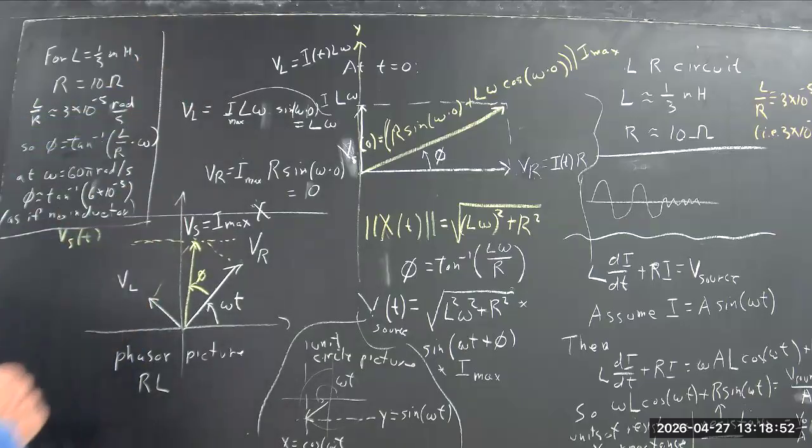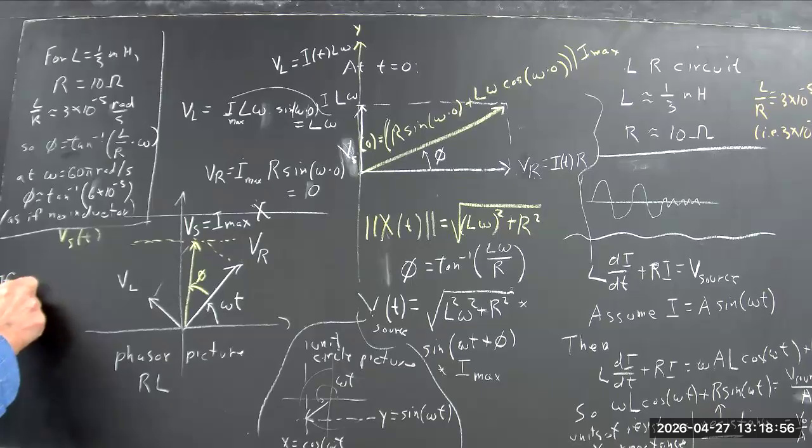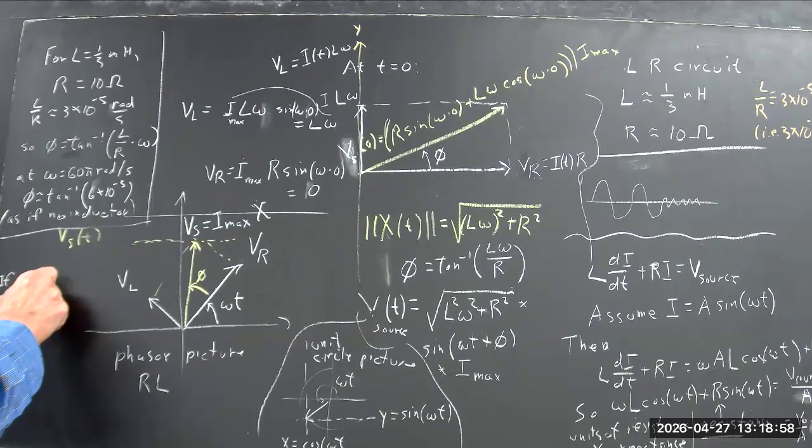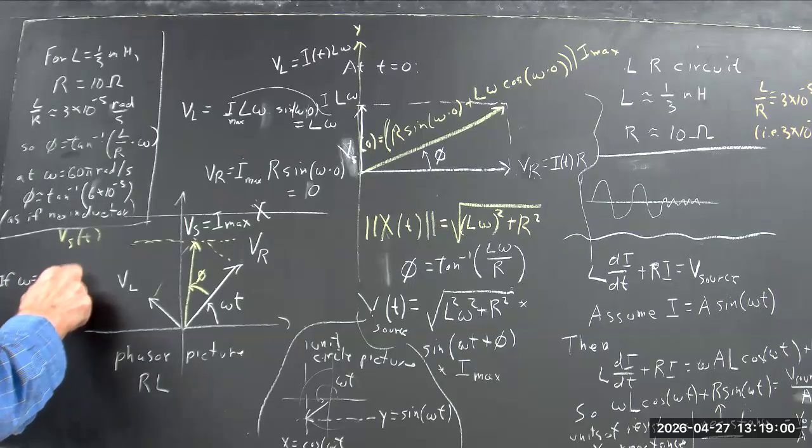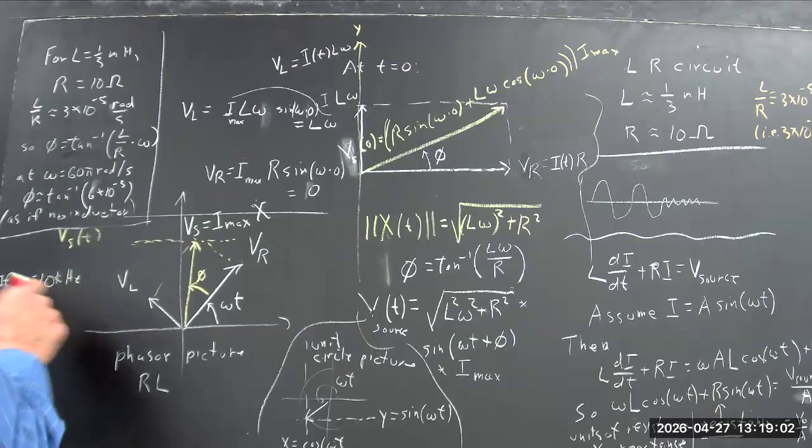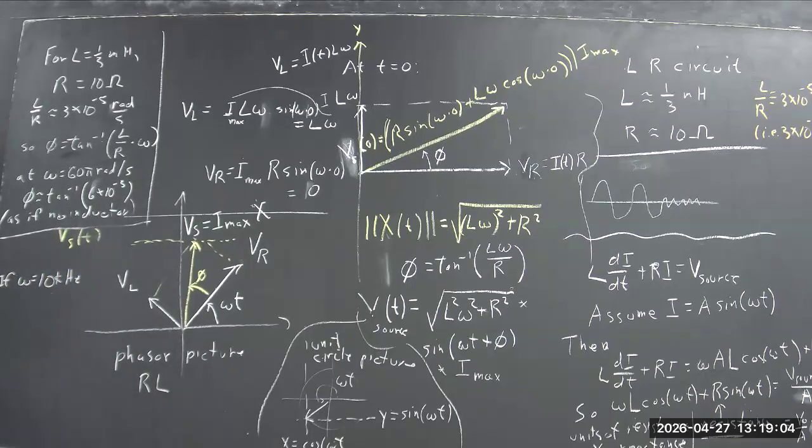As if there's no inductor. If omega is 10 kilohertz, then what do you get for L over R times omega?